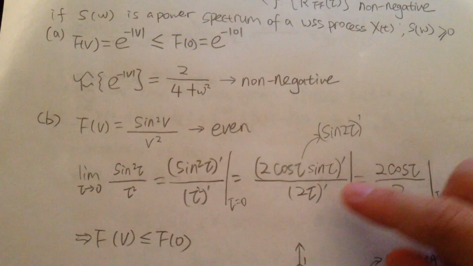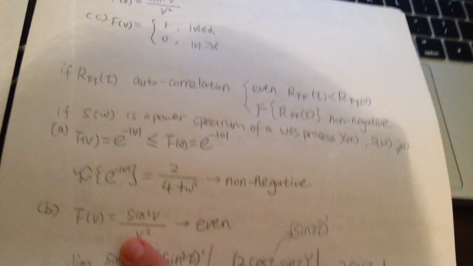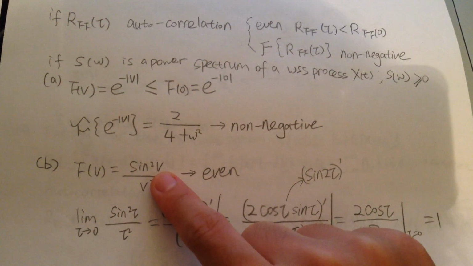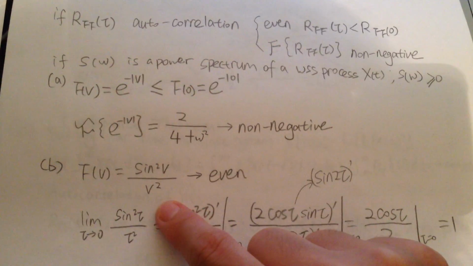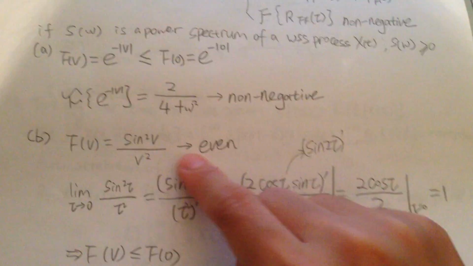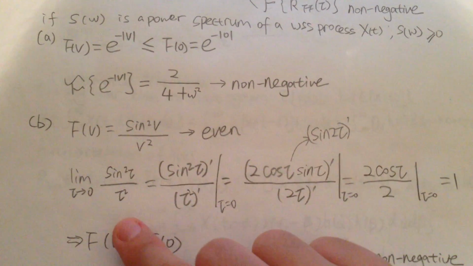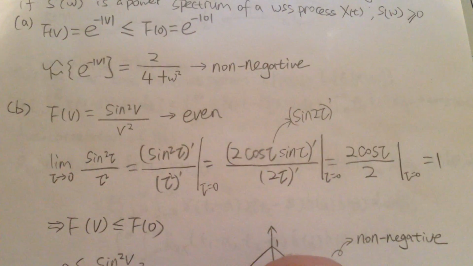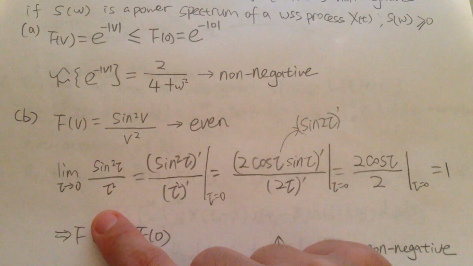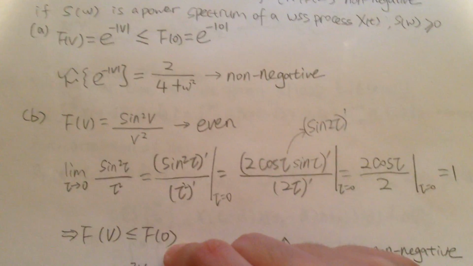And for part B, f of v equals sine of v squared divided by v squared. Clearly, it's an even function. Let's look at whether it's always less than the value of f of 0.